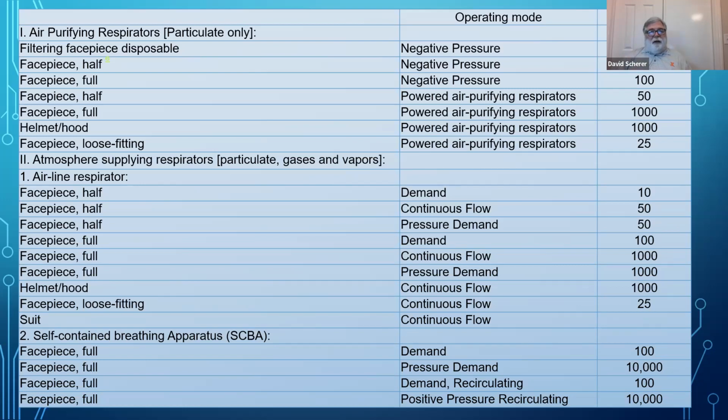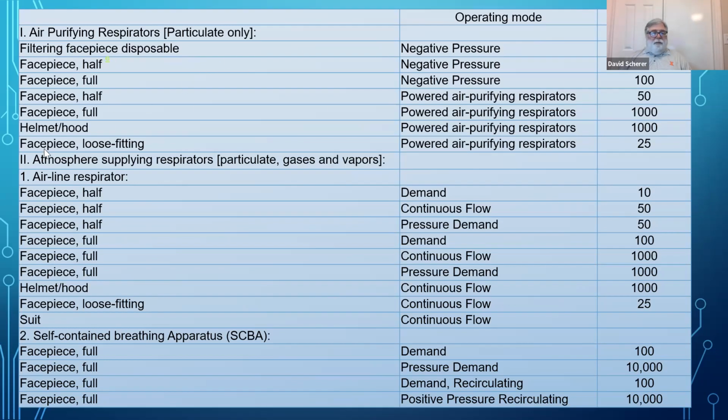Even N95s that we've all worn through COVID are filtering respirators. They don't have a very high protective factor, but they are. So negative pressure is when you have to breathe and suck the air through the filter. Powered air purifying respirators have pumps that force the air out under positive pressure.